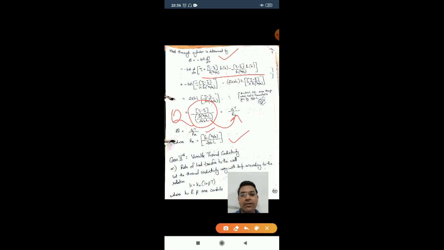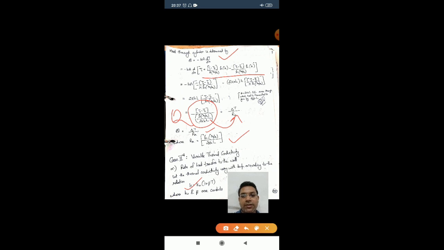Now as in the case of the plane wall, here also various cases arise. First one is variable thermal conductivity. As in the plane wall, I have considered that the variation of thermal conductivity is dependent on temperature, k equals k naught times (1 plus beta T), where k naught and beta are constants. The same parameter I am using for the cylinder also.